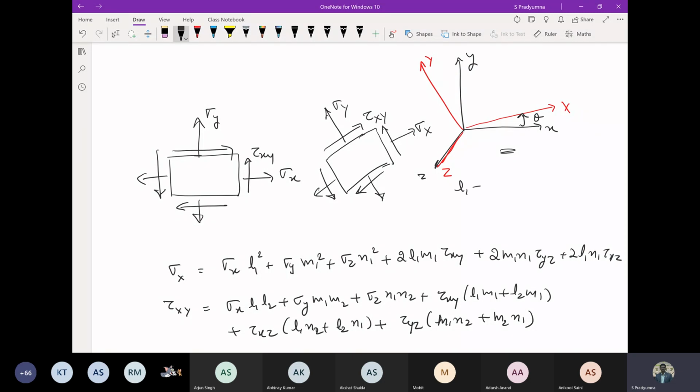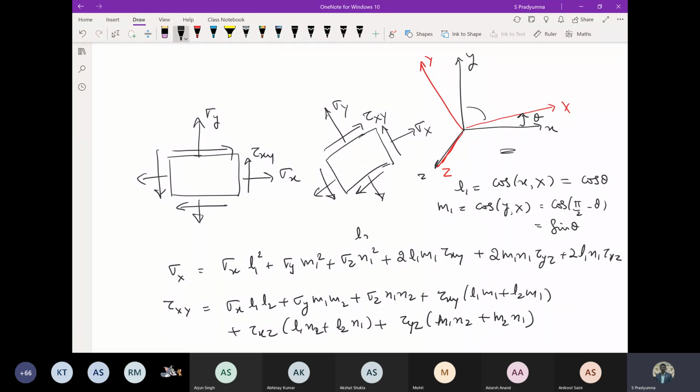What is L1? L1 is the cosine of the angle between small x to capital X, that is equal to cos theta, right? M1 is equal to the cosine of the angle between small y axis to capital X, that is equal to cos of pi by 2 minus theta, that is equal to sine theta.